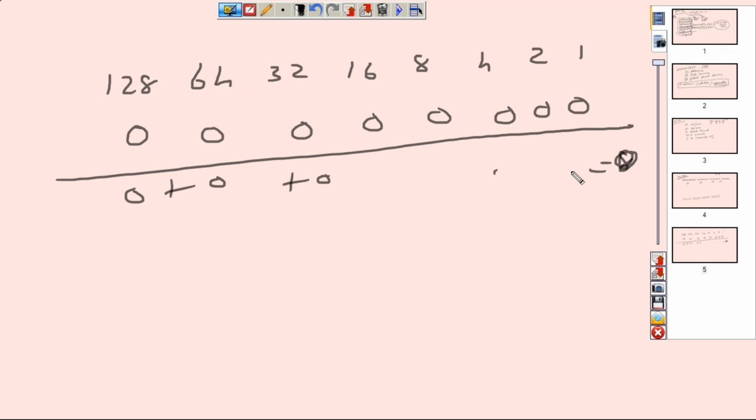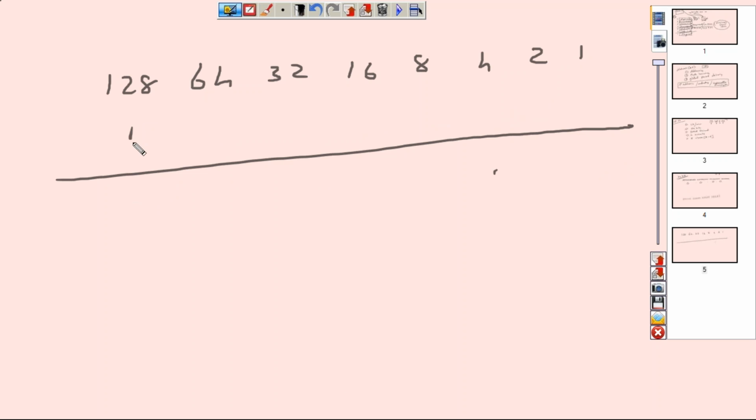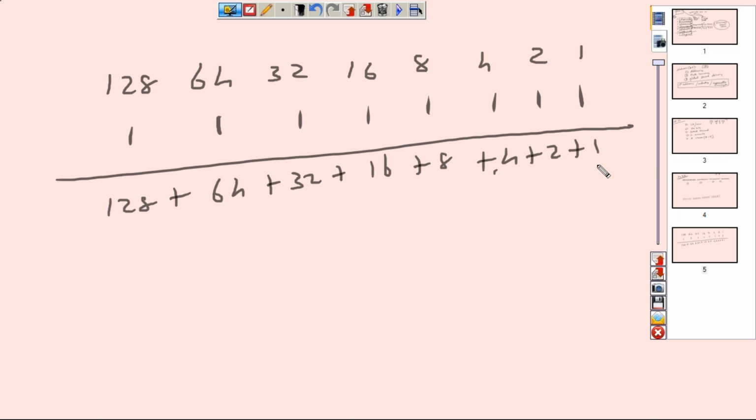Now, on the other hand, if all those were ones, then you would have 128 plus 64, which is 192, plus 32 is 224, plus 16 is 240, plus 8 is 248, plus 4 is 252, plus 2 is 254, plus 1, 255.